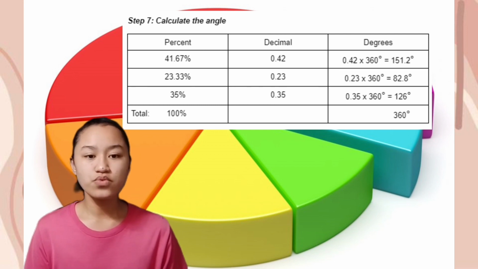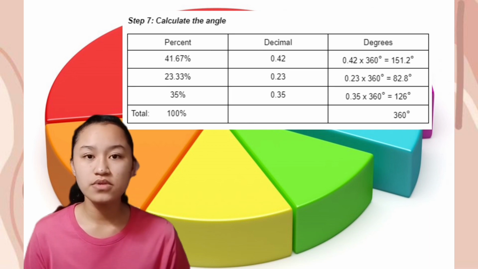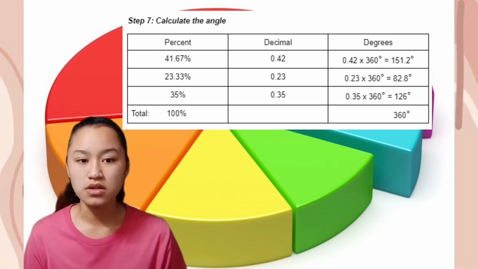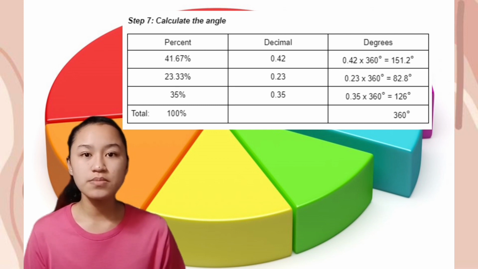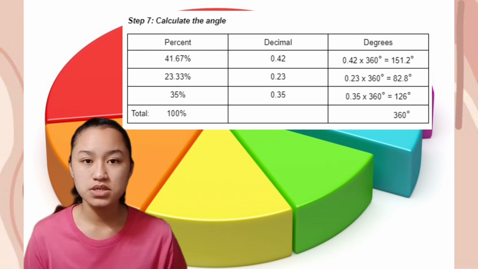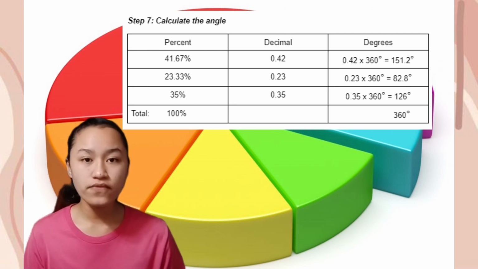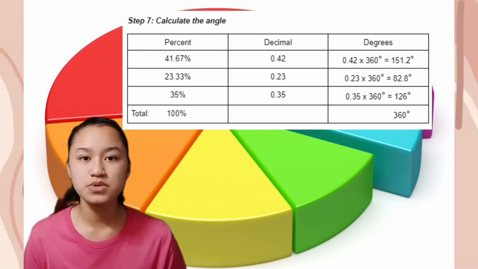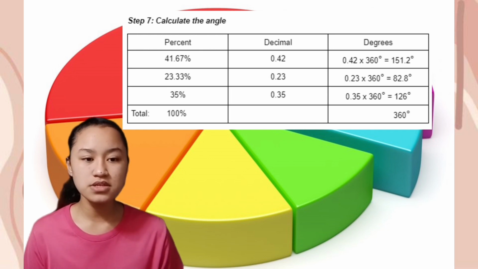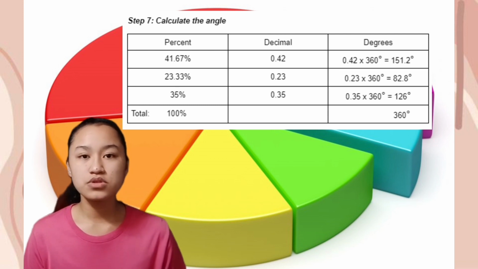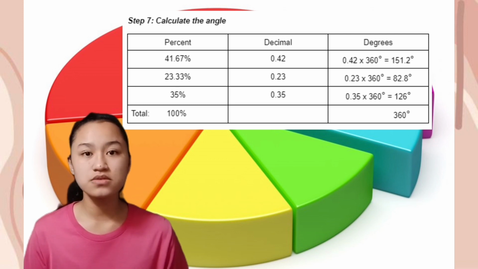Step 7. As we previously got the percentage, we will now get the angle. As you can see, we use another formula for getting its degrees. At first, we converted the percentage to decimal and then used this decimal for calculating the degrees. For example here, we got the percentage of 41.67% and converted it into 0.32 and then multiplied it by 360 degrees.